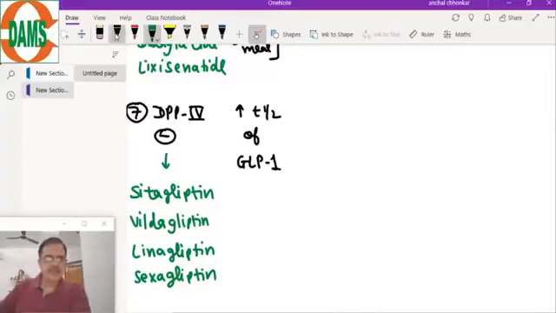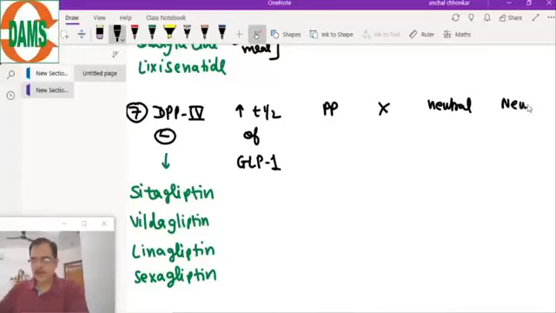So these gliptins inhibit the DPP4 and increase the half-life of the GLP-1. And which sugar will they be controlling? Obviously the PP sugars, postprandial sugars, because this is a glucose dependent action. They do not cause hypoglycemia per se. Cardiovascular benefit, they are neutral. Renal benefit, neutral.